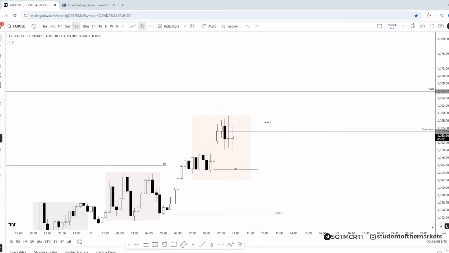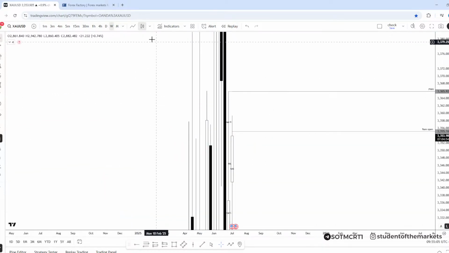Is price heading to 365? Yeah, that could be the case, because that would be the previous weekly high, as I said.